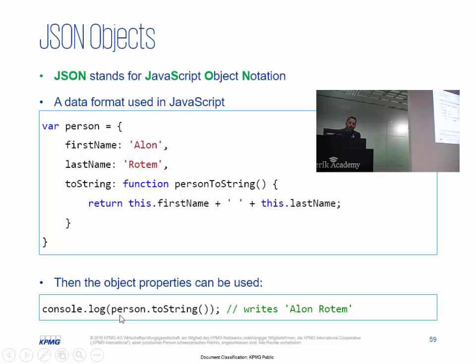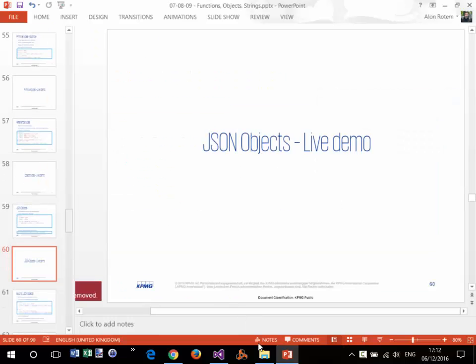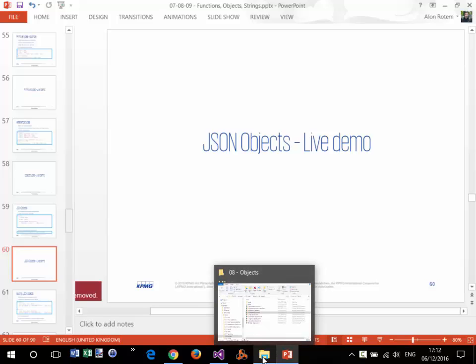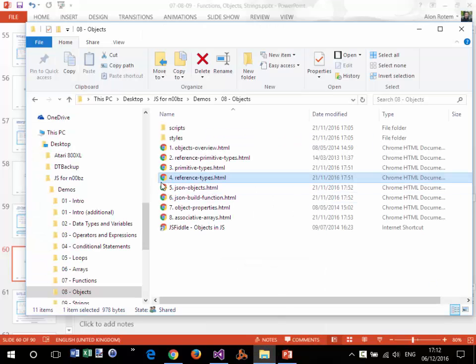For example, here we are calling person.toString. This will call this method. It's not the best way to construct objects, but it's the simplest way to do it inline.